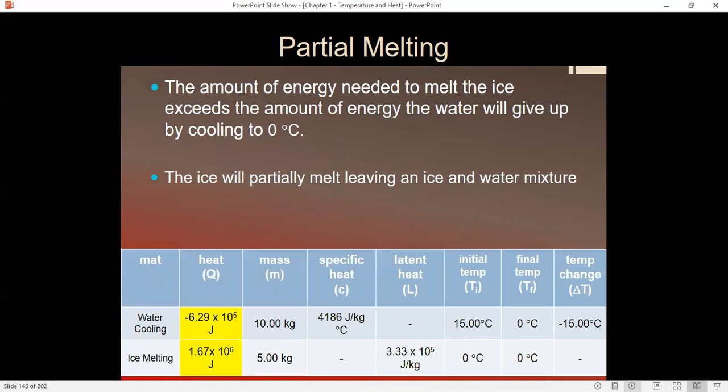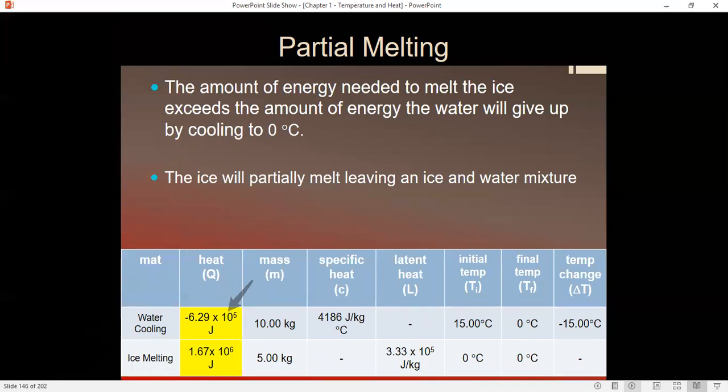Well, to cool the water off to reach 0 degrees, it would take 6.29 times 10 to the 5th joules. Okay, so it would take me 629,000 joules of energy removed from the water to make the liquid water that was already in the container reach 0.